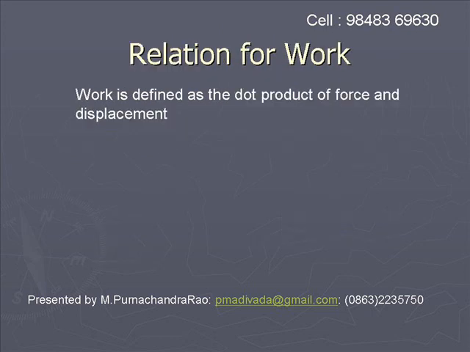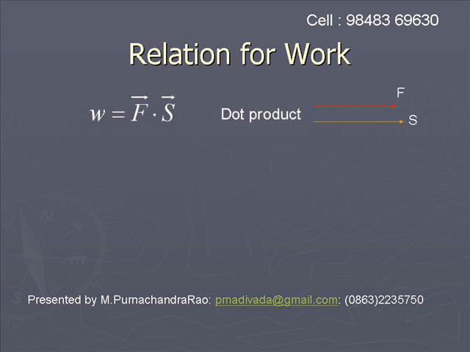Actually, work is defined as the dot product of force and displacement. It is written as W is equal to F bar dot S bar. If force and displacement are in the same direction, then theta is 0, cos 0 is 1, hence W is equal to Fs.